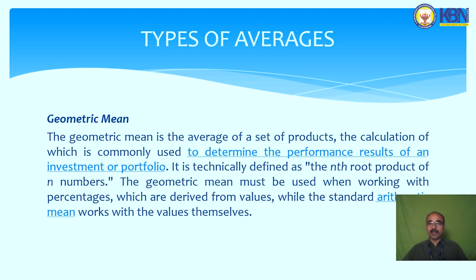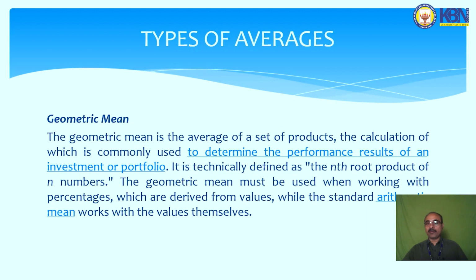Coming to the geometric mean, here we take logarithms into consideration. The geometric mean is an average used to determine the performance results of an investment portfolio. Investors particularly consider the geometric mean: how much they have invested and how much yield they got.